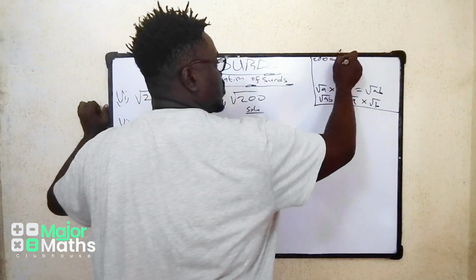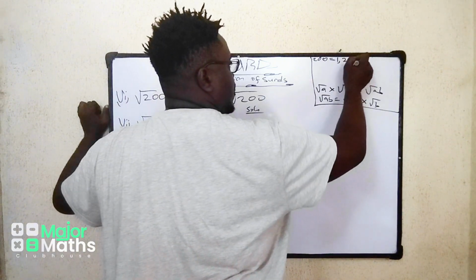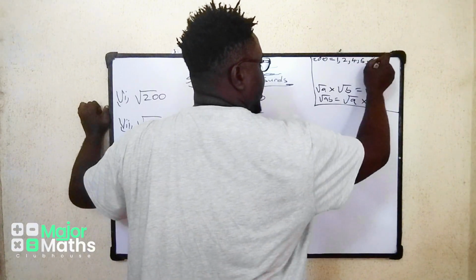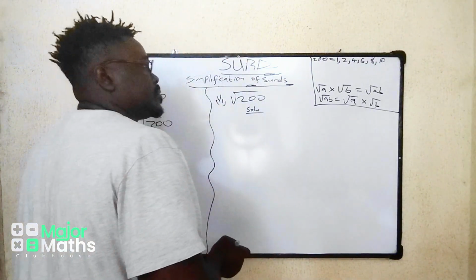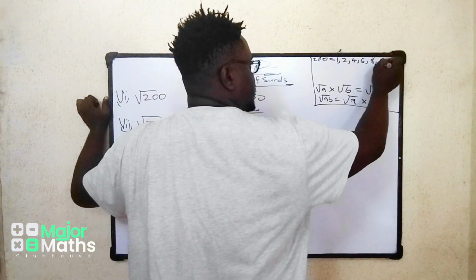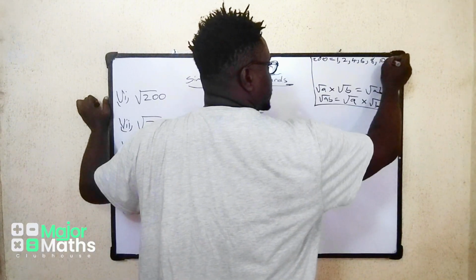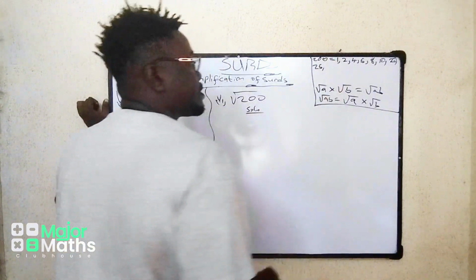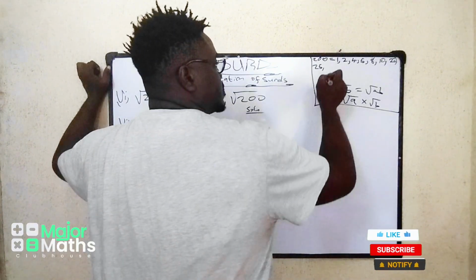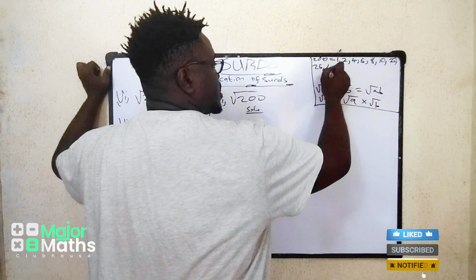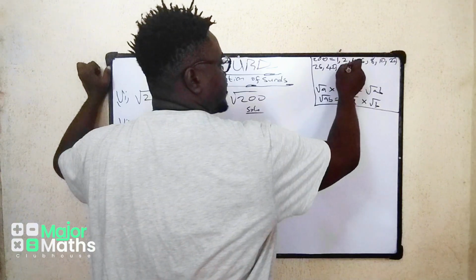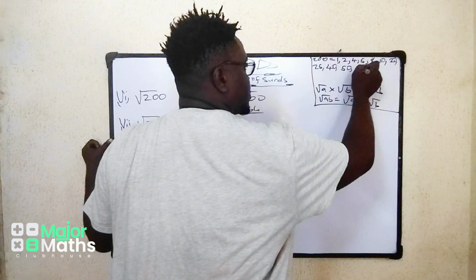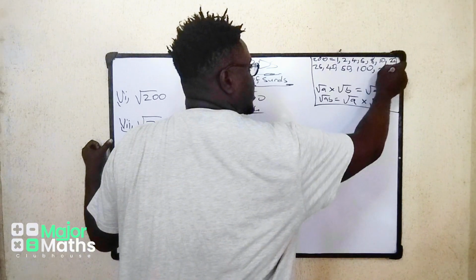So we have 1, 2, 4, 5, 8, 10, we don't have 16, we have 20, yeah, we have 25, we have 40, we have 50, we have 100, and we have 200. Let's hope this is correct.